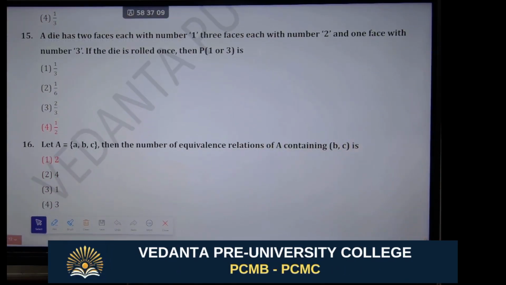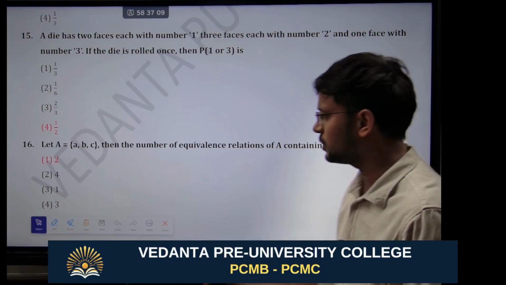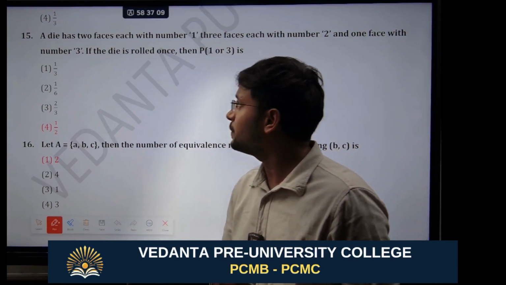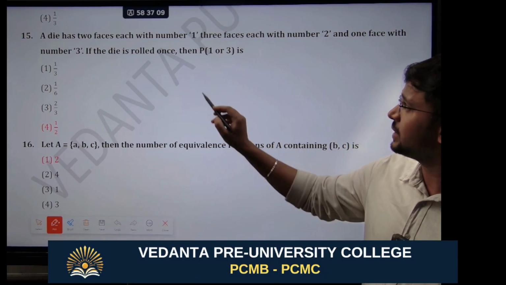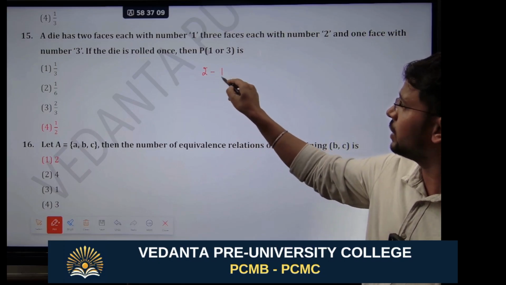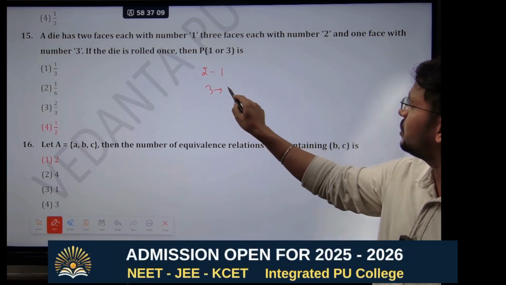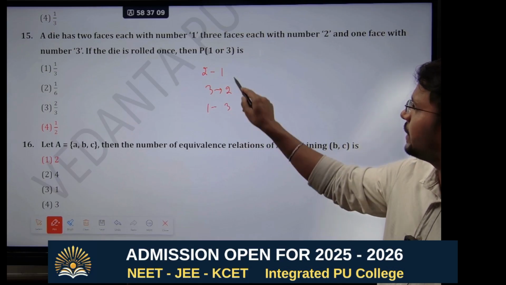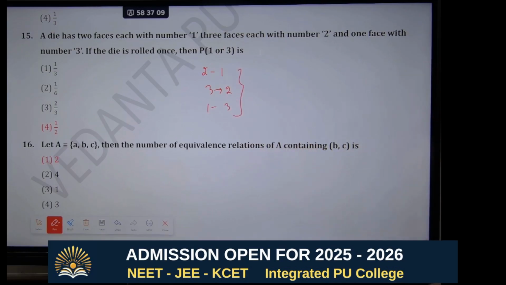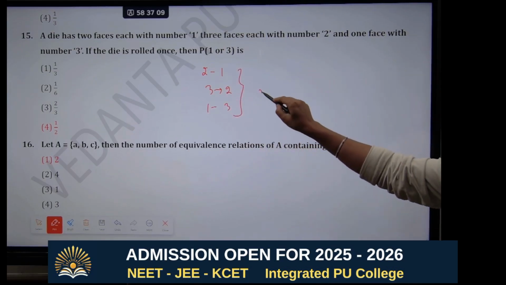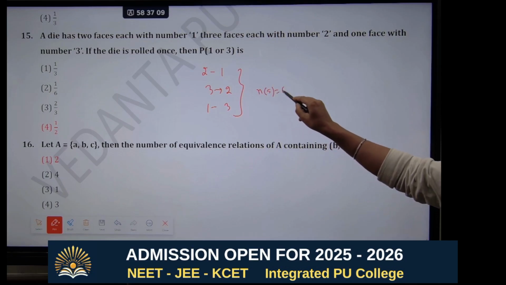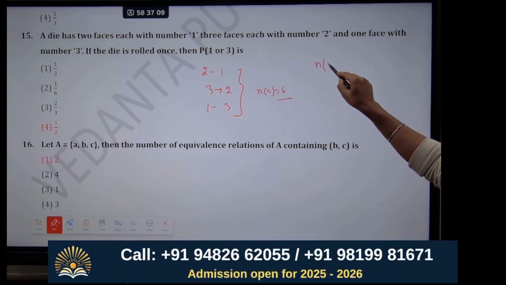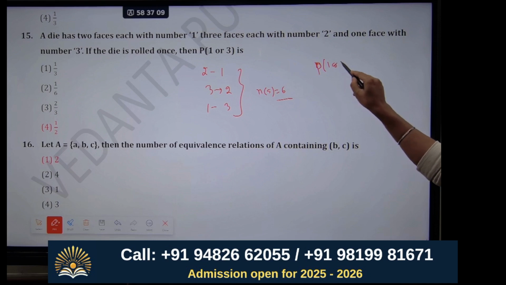Now let's see question number 15. How to solve question number 15? Now if you see, a die has two faces named 1, 3 faces named 2, 1 face named 3. A die is rolled once. So the sample space is going to be 6 because 6 faces are there. What is the probability of 1 or 3 will come?